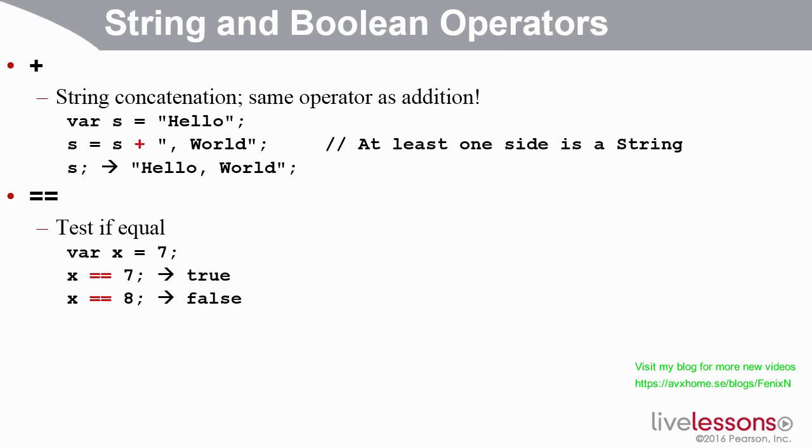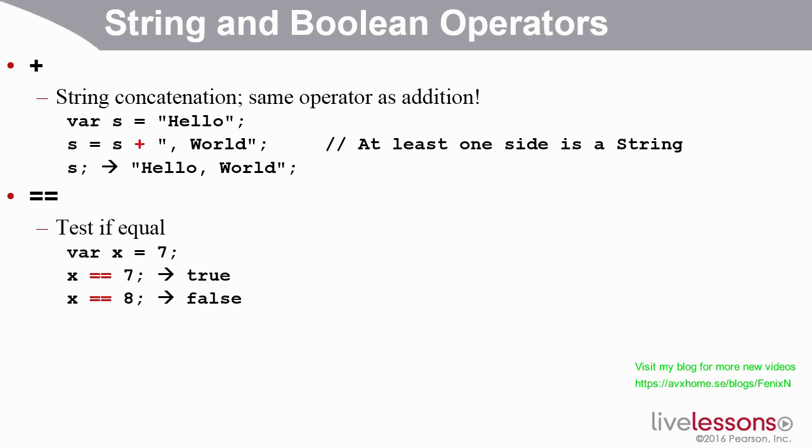There's also the equals operator. So equals is a little bit confusing to non-programmers because it doesn't say these things are already equal. The single equals operator means assign the value on the right side to the thing on the left side to make it equal. The double equals operator means test to see if they're already equal.